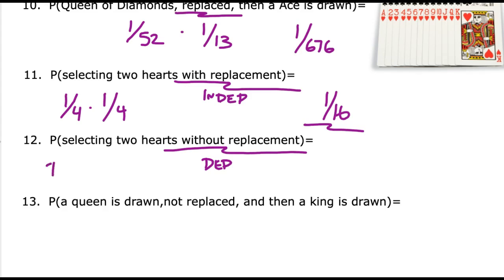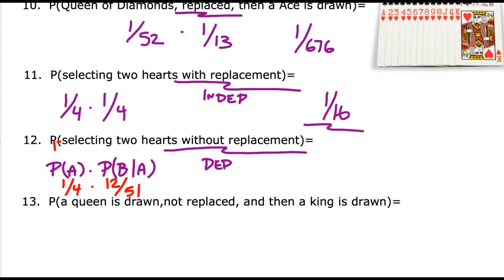So the probability of A times the probability of B given A happened is going to be the probability of drawing one heart would be just like before, 1/4, but the probability of drawing another heart given a heart's already gone is going to be not 1/4, but 12 out of 51. So there's one less card, so it's not out of 52, and there's one less heart, so it's not 13.